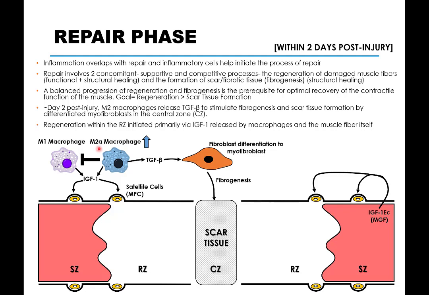M2A macrophages also work to slow down inflammation by deprogramming M1 macrophages, thereby decreasing phagocytosis rates, degradation, and the release of inflammatory chemicals and free radicals. At this stage, inflammation is not completely eradicated, but it is just to a lesser degree.